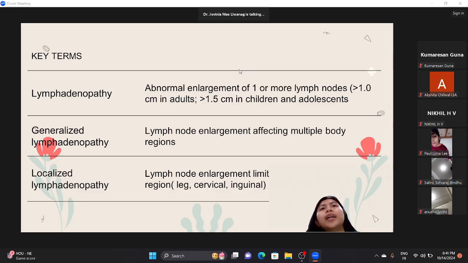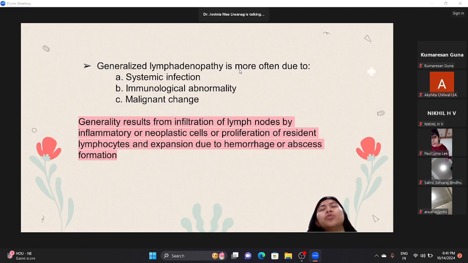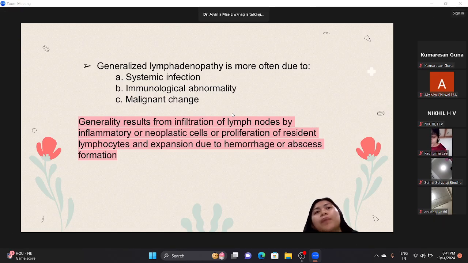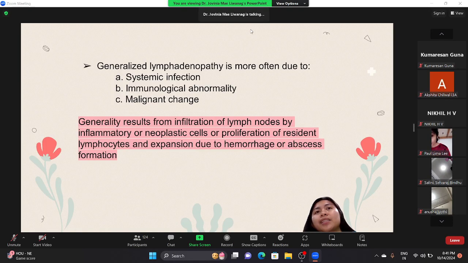Generalized lymphadenopathy is more often due to systemic infection, immunological abnormality, and malignant change. It results from infiltration of lymph nodes by inflammatory or neoplastic cells, or proliferation of resident lymphocytes, and expansion due to hemorrhage or abscess formation.